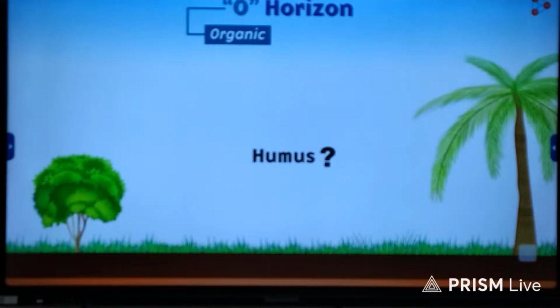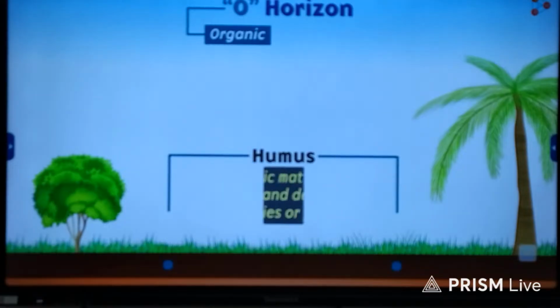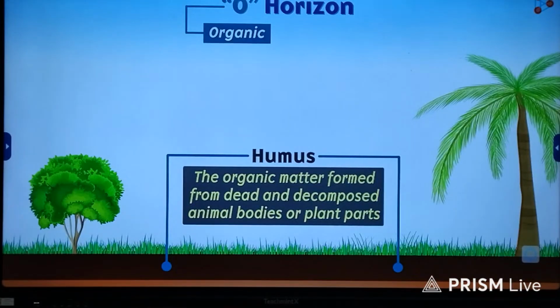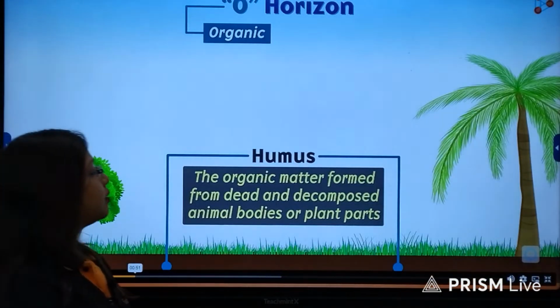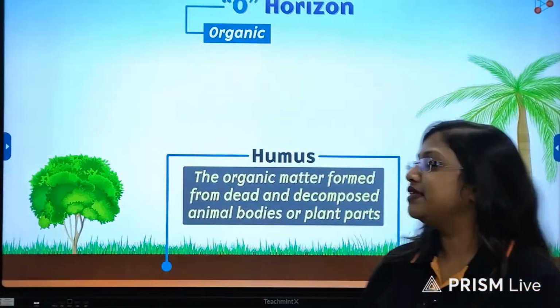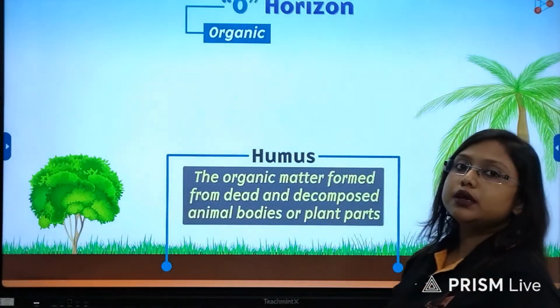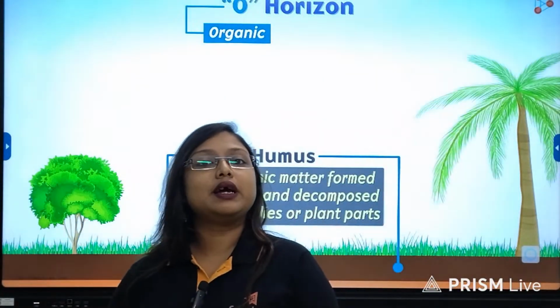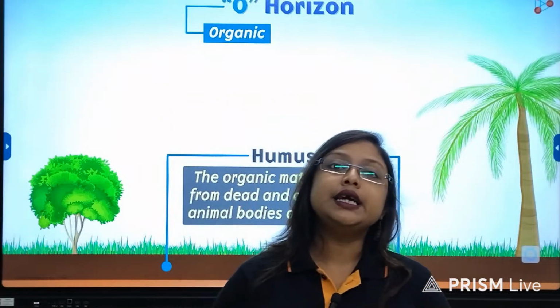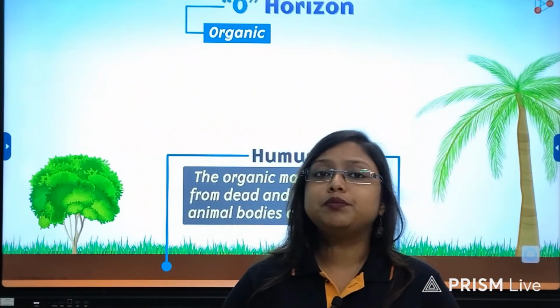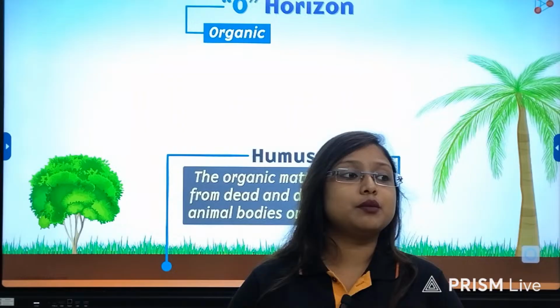What is humus, you might ask? Humus is the organic matter formed from dead and decomposed animal bodies or plant parts. You can ask how this organic matter actually comes into the soil. Think about it, there are lots of plants around us, they are dying, as well as animals and insects.